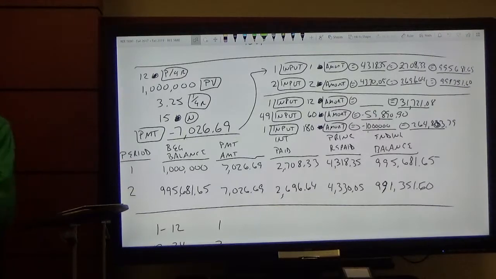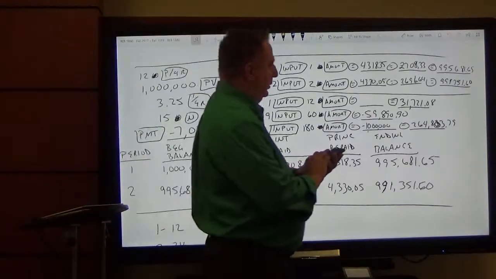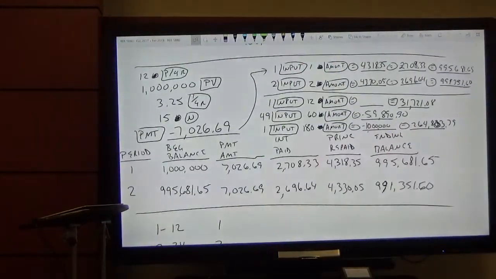So all that does, just for the purposes of if you want to go in, now we can test this to see if it's accurate. Let's pick something kind of at random here. Let's take month 35. So 35 input, 35 on the calculator.